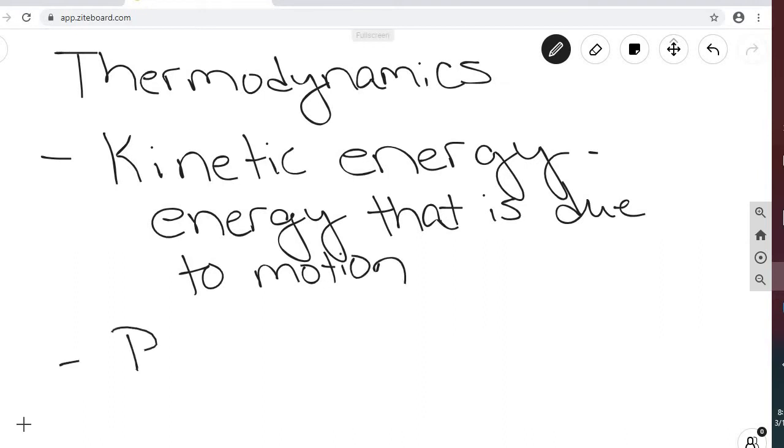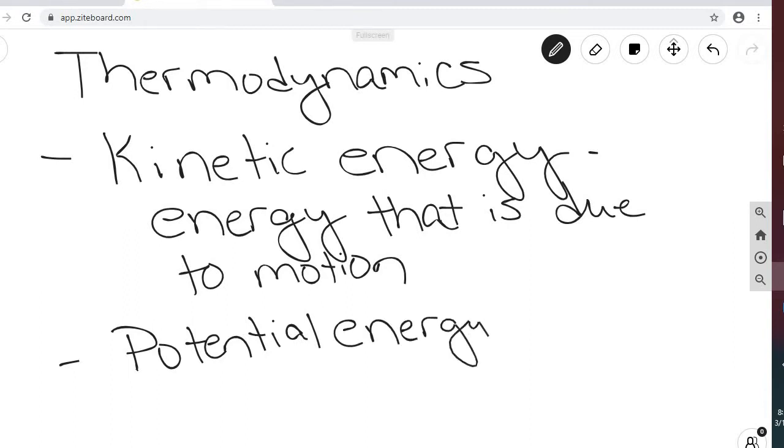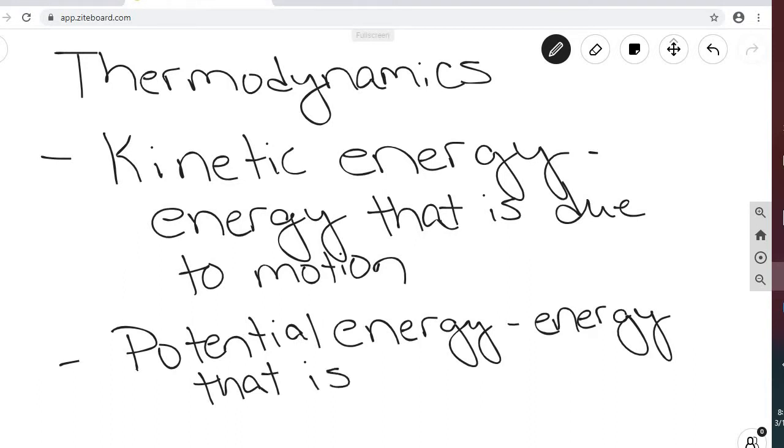And potential energy is energy that is stored.